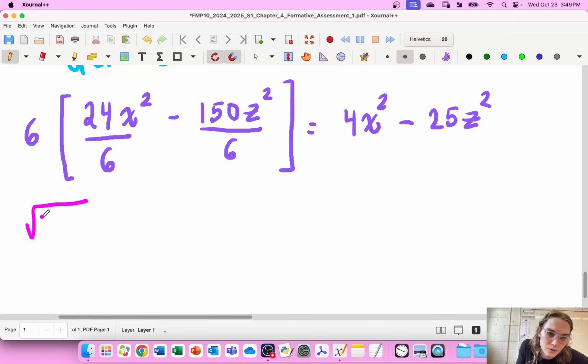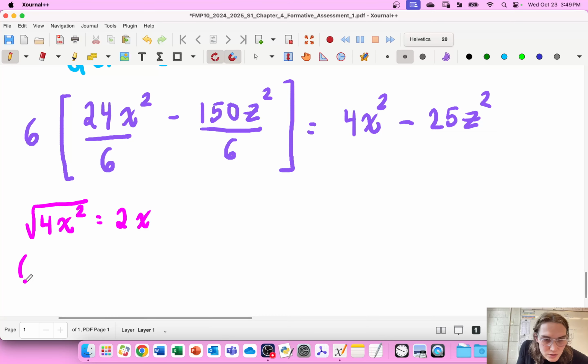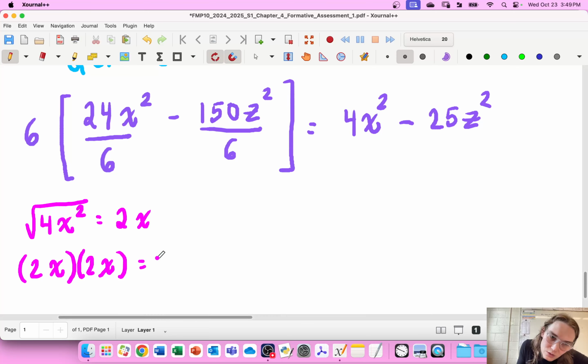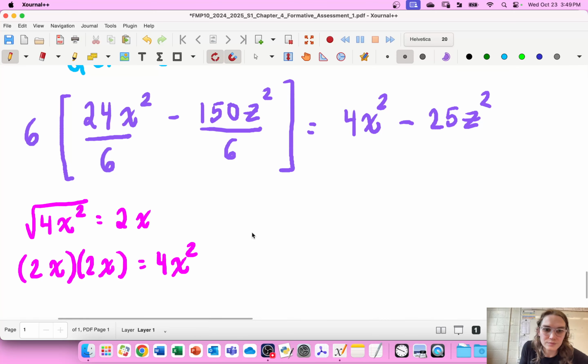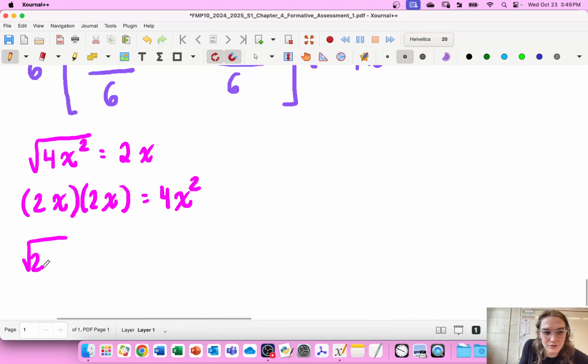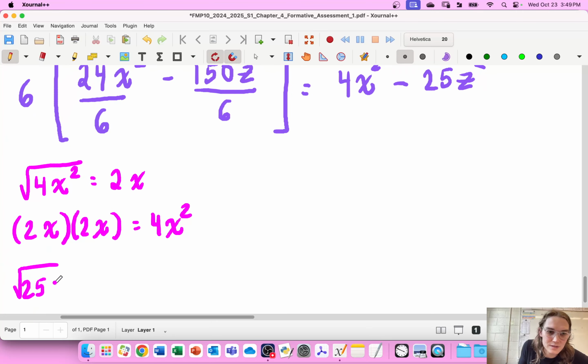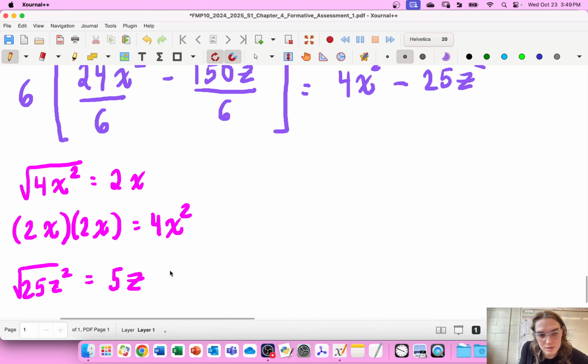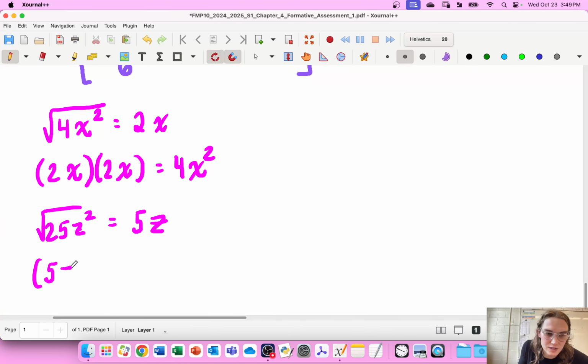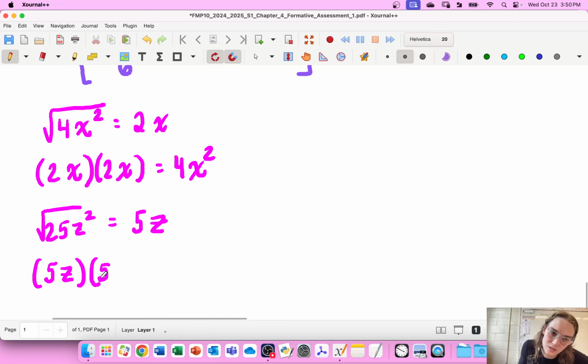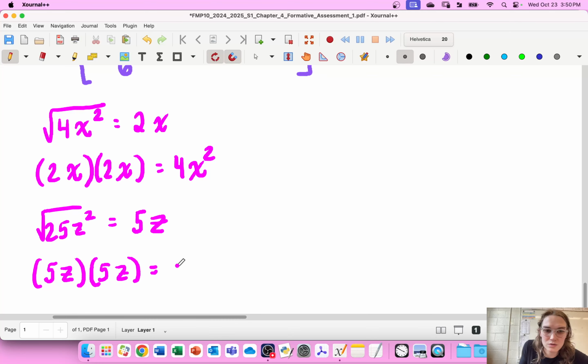So the square root of 4x squared is 2x, because 2x times 2x equals 4x squared. The square root of 25z squared is 5z. For the same reason, 5z times 5z is 25z squared.